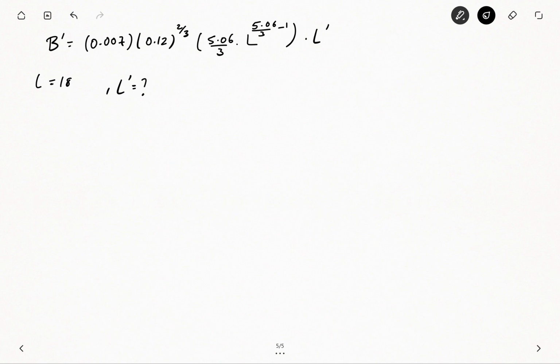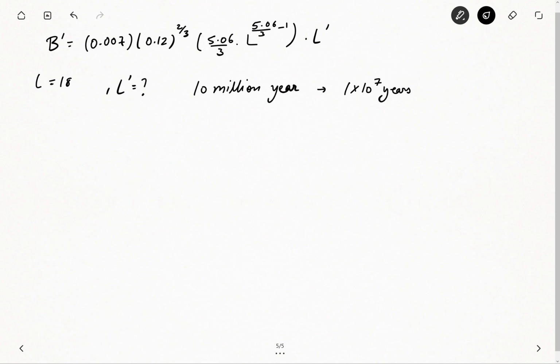So it said, over the span of 10 million years, so 10 million years is the time, which will give you 1 times 10 to the 7 years. Okay, that's the time. Over that span, the length grows from 15 to 20 centimeters at a constant rate.